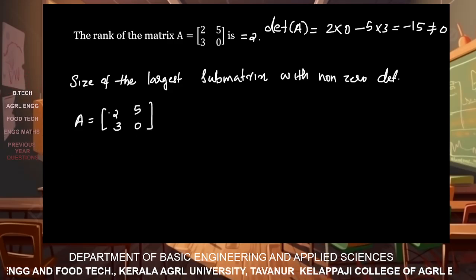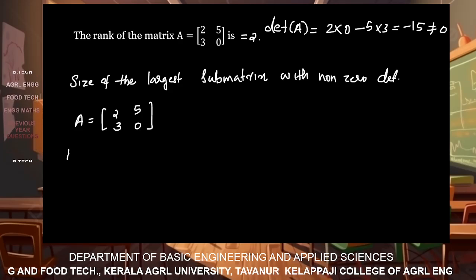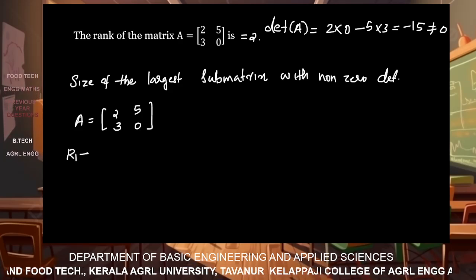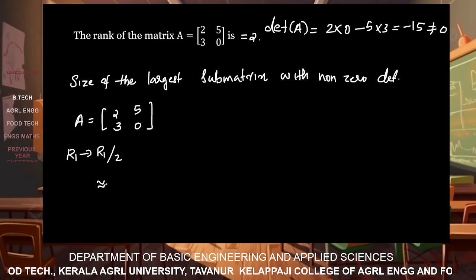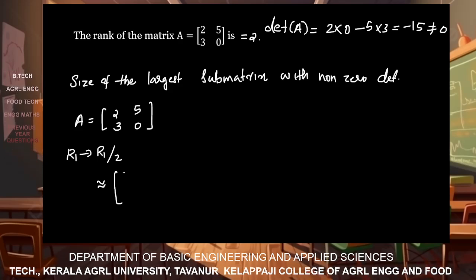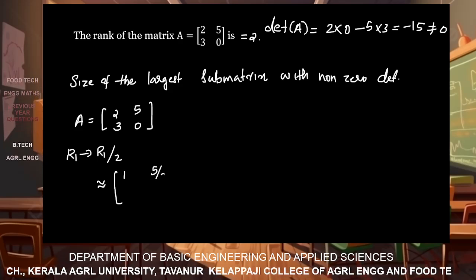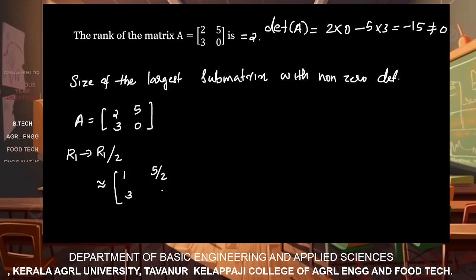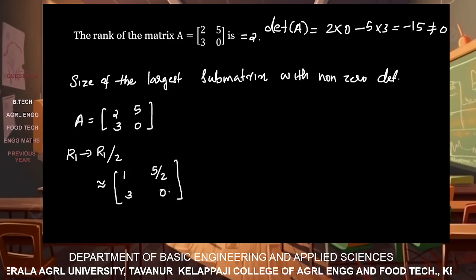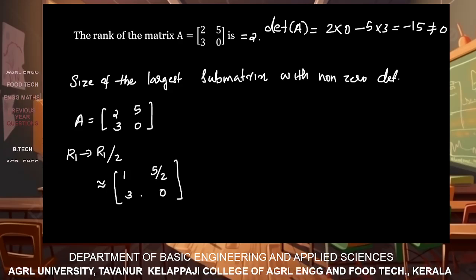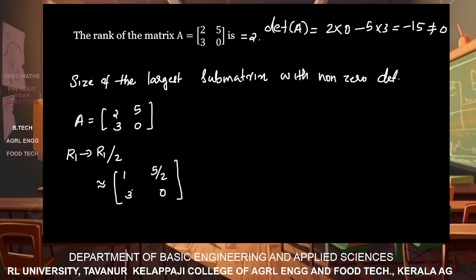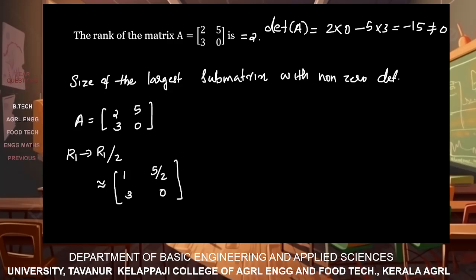Let us start by converting the first entry to 1. That is, R1 changes to R1 by 2. So the row equivalent matrix is 1, 5 by 2, 3, 0. Now let us convert this particular entry to 0.